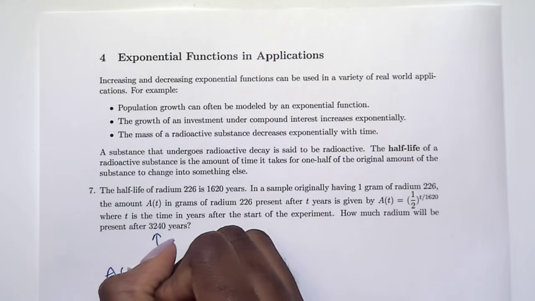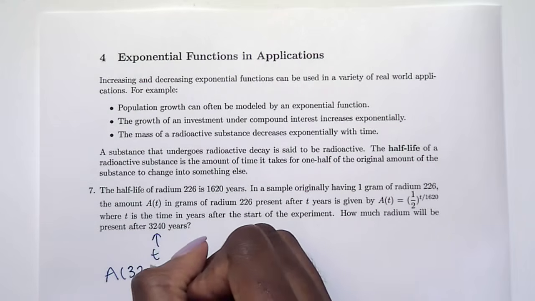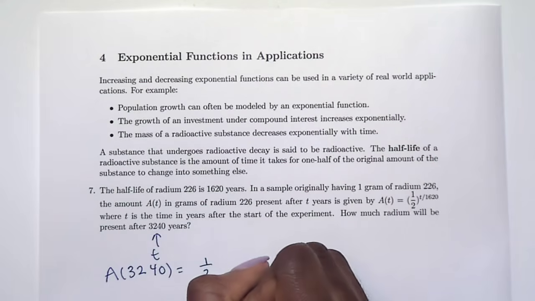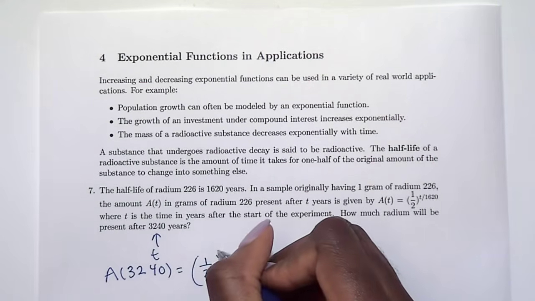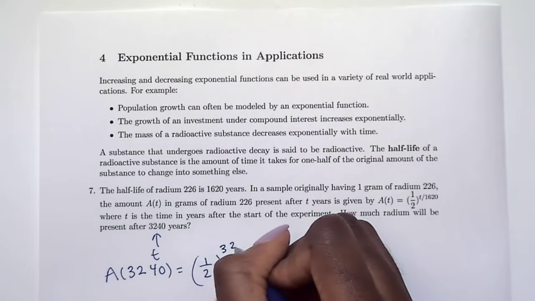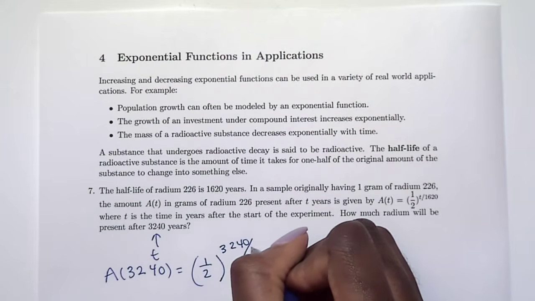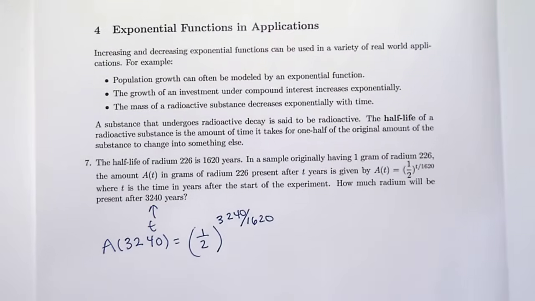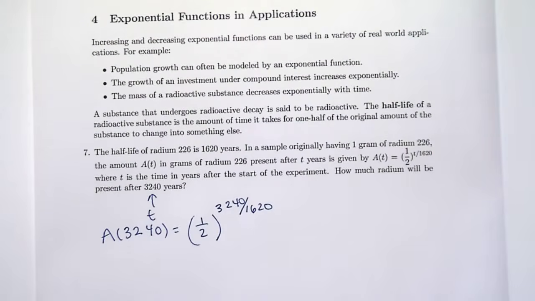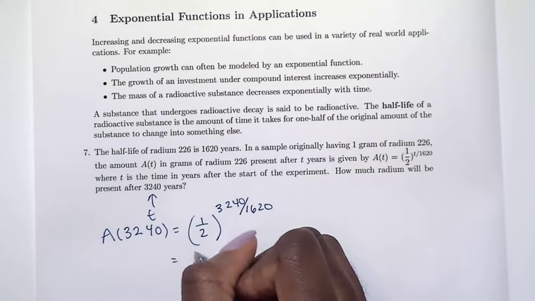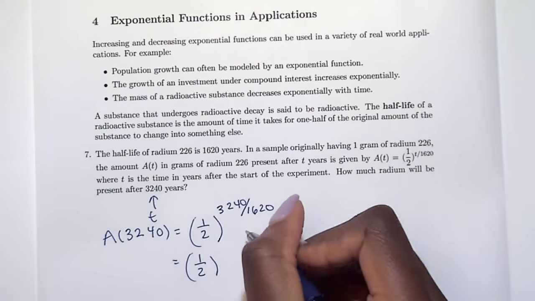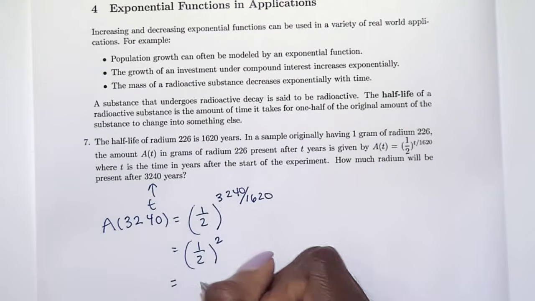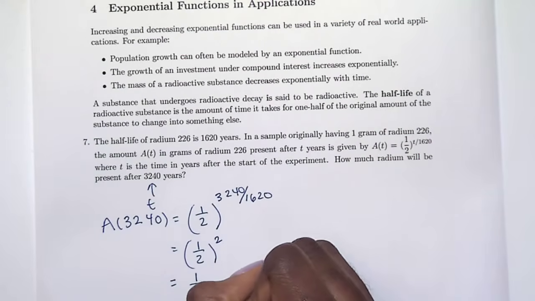So our ending amount after this long will be 1/2 raised to our time divided by 1620. All right, so we just plugged in t here. All right, when we do this division, you get 2. And 1/2 squared is 1/4.